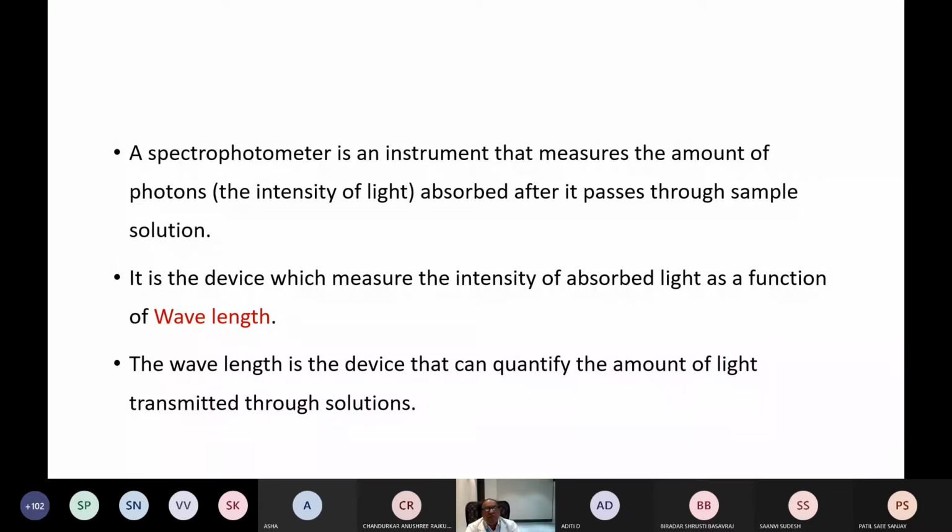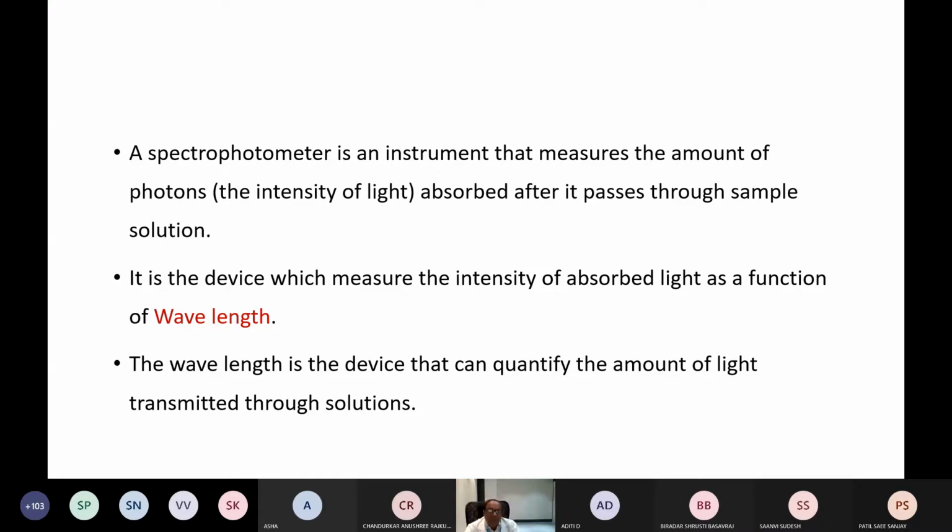In other words, that is called the wavelength. It is a device to measure the intensity of the absorbed light as a function of the wavelength. So it is a device that quantifies the amount of light transmitted through the solution.